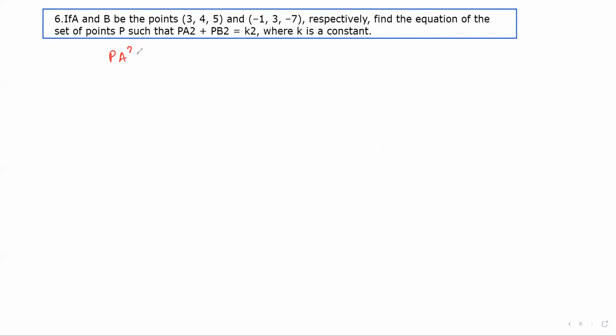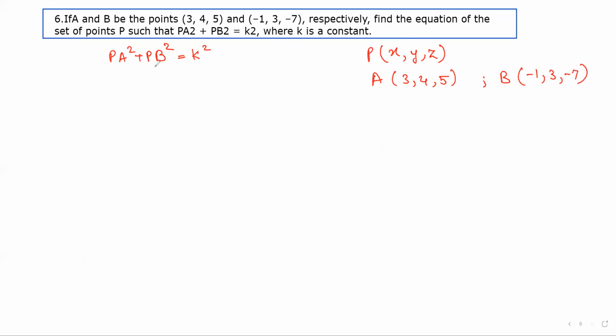Coordinates of P are not given, and you have to find the equation of the set of points P. That means you'll represent P in terms of x, y, and z, and your final equation will be in terms of x, y, and z, and k is a given constant; x, y, z will be the variables. A and B coordinates are given: A is 3, 4, 5, and B will be minus 1, 3, minus 7.